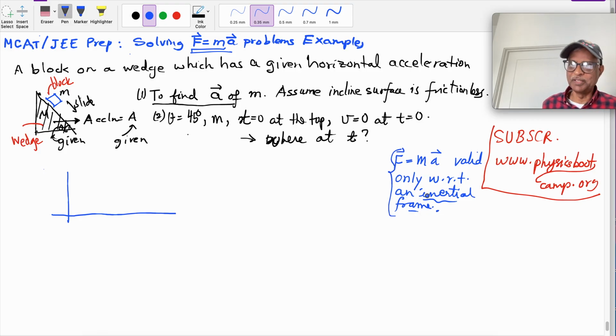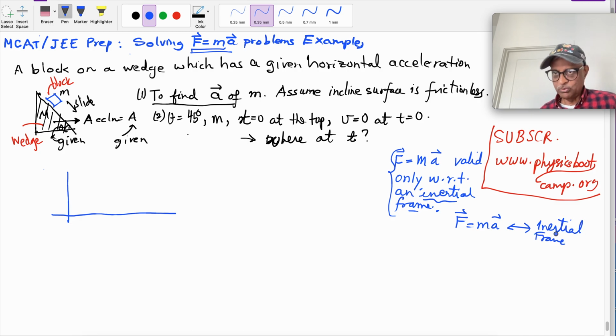You can go backward and forward. If I have an inertial frame, this is valid, and if this is valid, then the frame is inertial. So F equals ma is true if and only if you have an inertial frame.